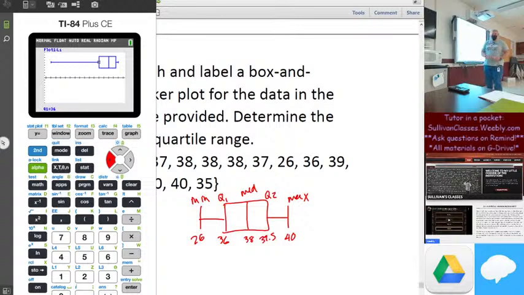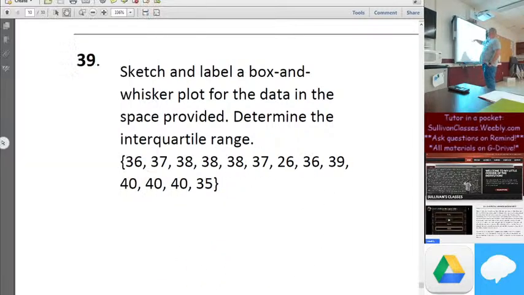Yeah, I have the right values in the right spots, but it's not proportional. That's important. You have to make sure that you make it proportional. So when you do, please, oh please, even if it is just a sketch, make it kind of proportional. Okay? Extend that out. And that's why we're using the calculator, because you shouldn't have to do this by hand anymore. We're big kids now.